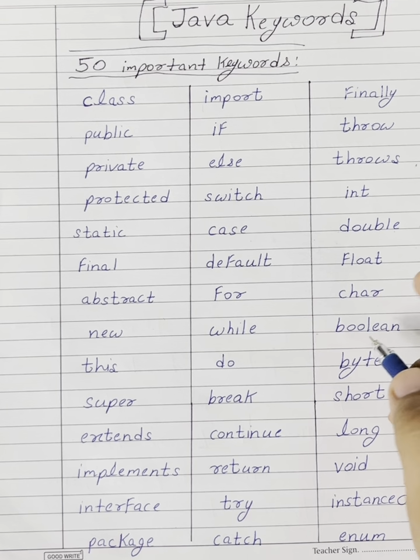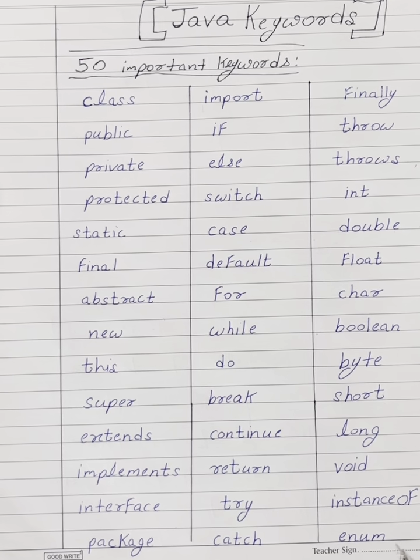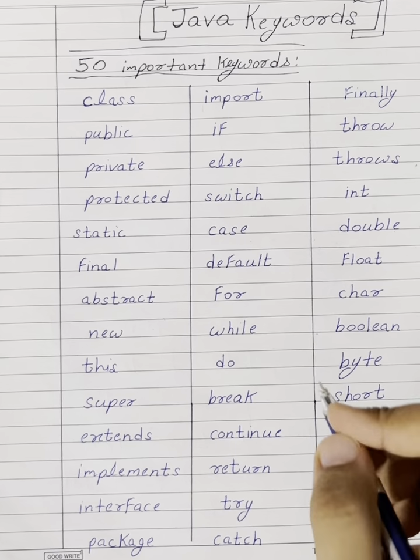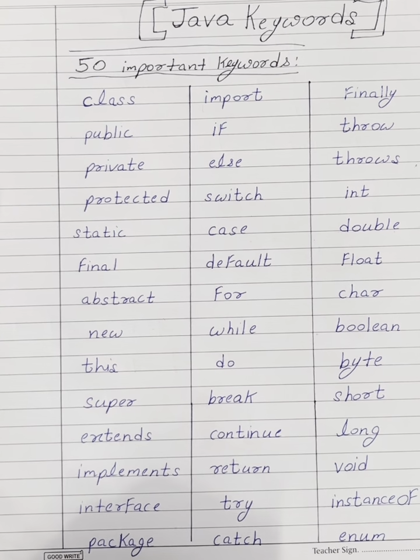Okay. So next is instanceof. This instanceof keyword is an operator which is used to determine whether an object belongs to a particular class, subclass, or implements a specific interface, and it returns a boolean value: true if the object is an instance of the specified type, and otherwise it will return false.